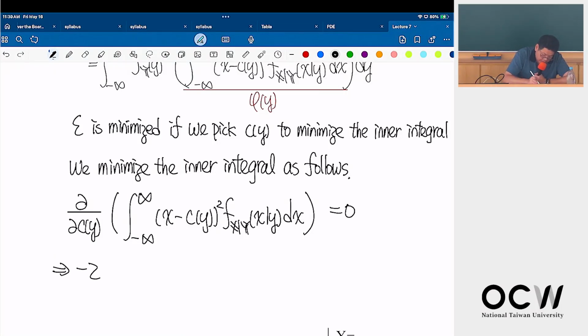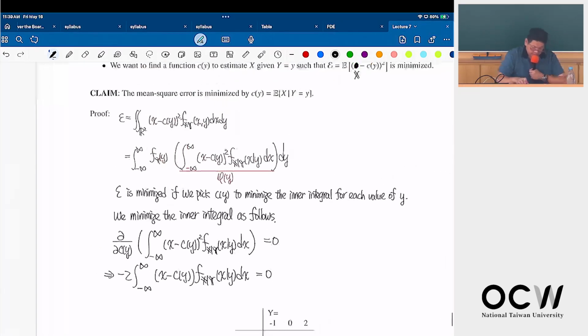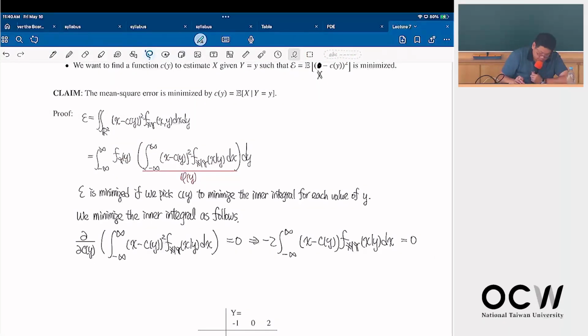Then we have minus 2 times x minus c(y), times the conditional PDF. Then we have two parts.